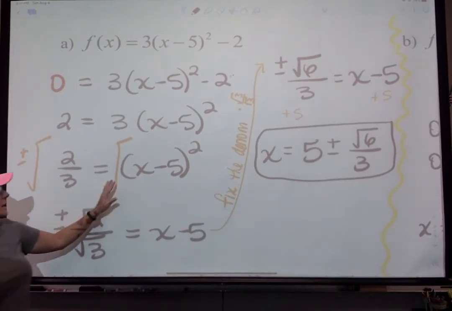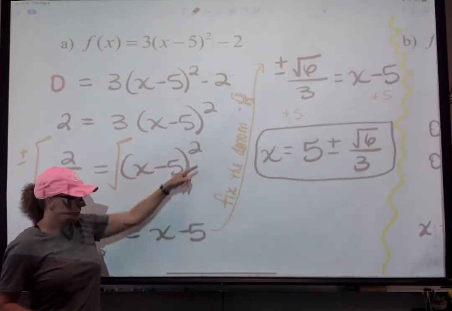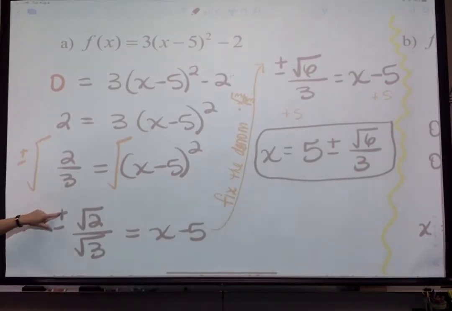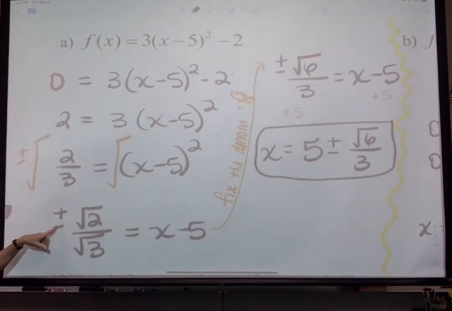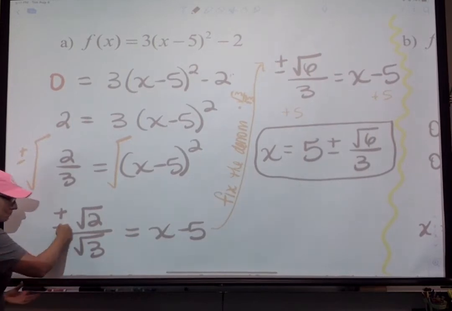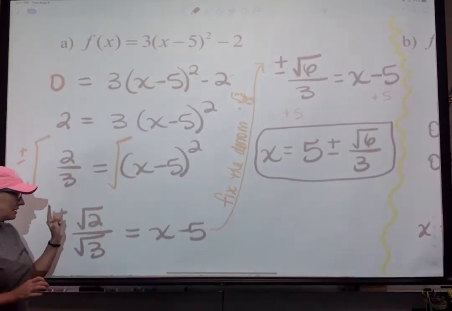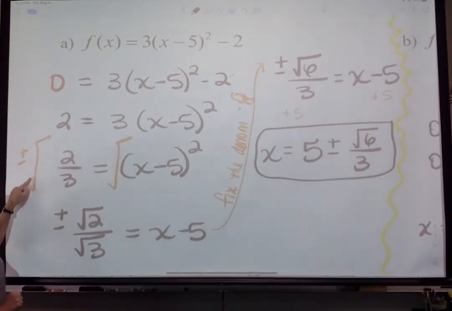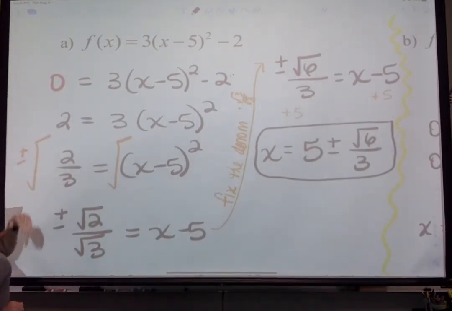By square rooting this side, it eliminates the squared on my quantity, so I just have x minus 5. By square rooting this side, I get the positive version of the square root of the whole thing, and I get the negative version of the square root of the whole thing. I just wanted to make sure that you realize that the 2 is in a radical and the 3 is in a radical. If it's one big radical, the 2 is in there, the 3 is in there.